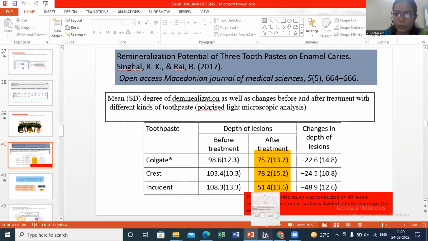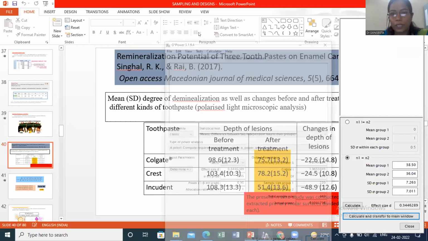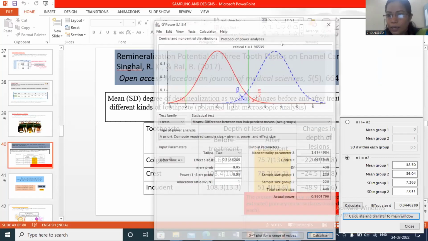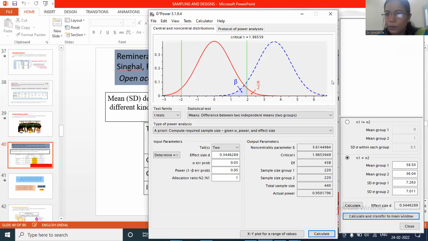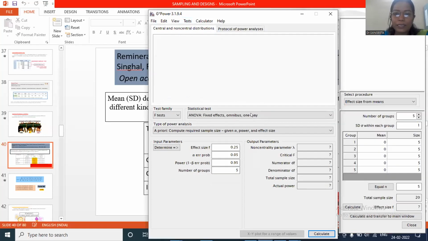So again, I go back to this. Now the test family is going to change. I am going to go with one-way ANOVA. Okay, this one. Many groups, one way, one independent factor. Clear? So I have selected ANOVA.